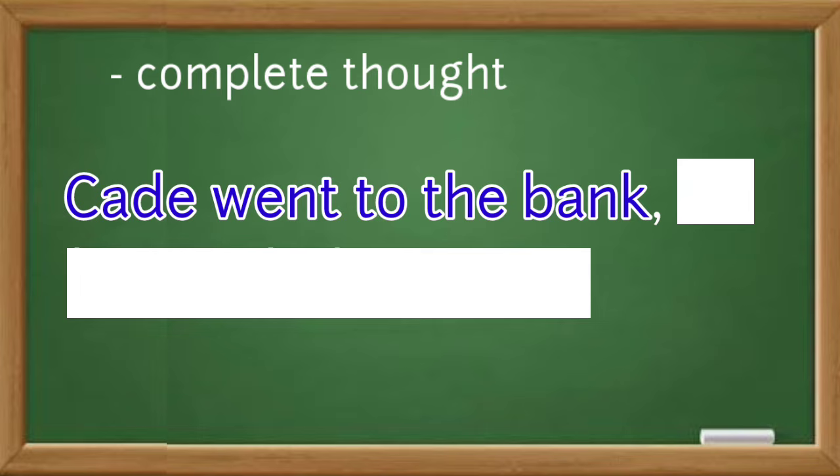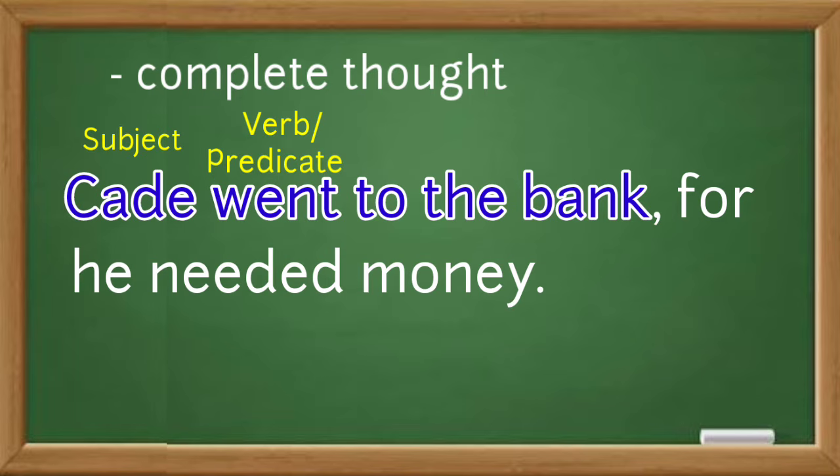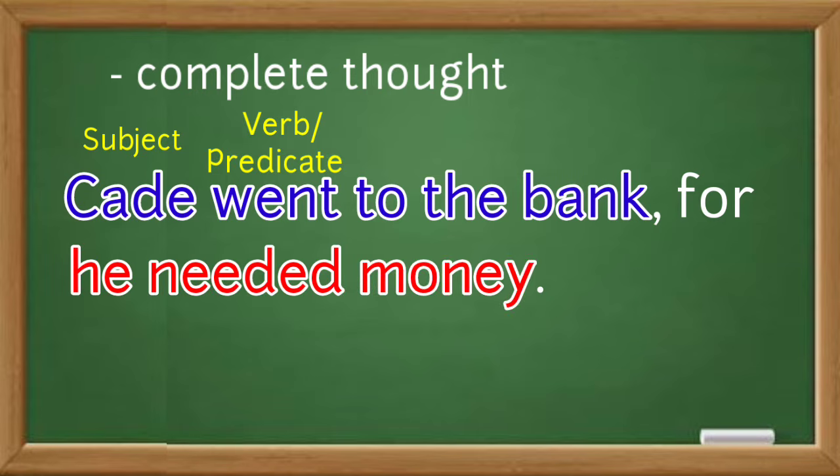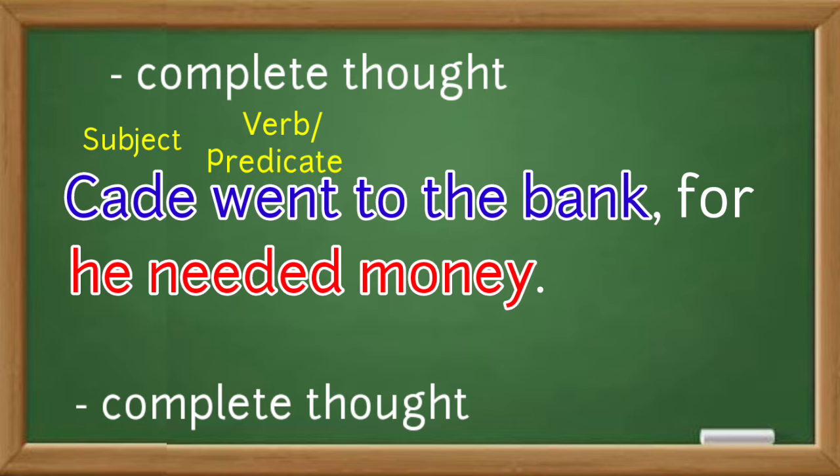And it has a subject, which is Cade, and a verb, which is went. Now, let us identify the second independent clause. It is he needed money. Just like the first independent clause, it expresses a complete thought. And it has a subject, which is he, and the verb, which is needed.